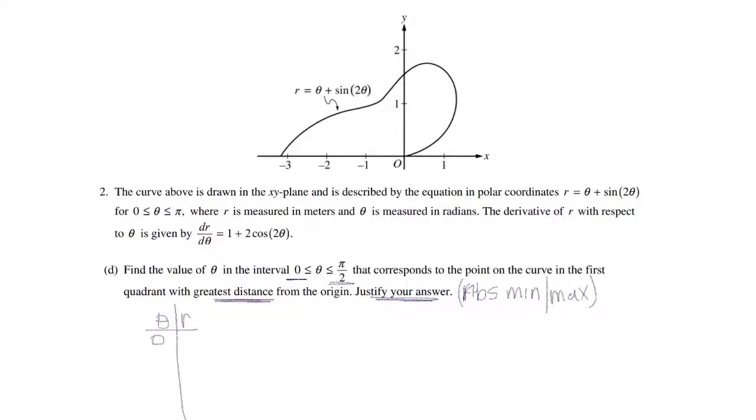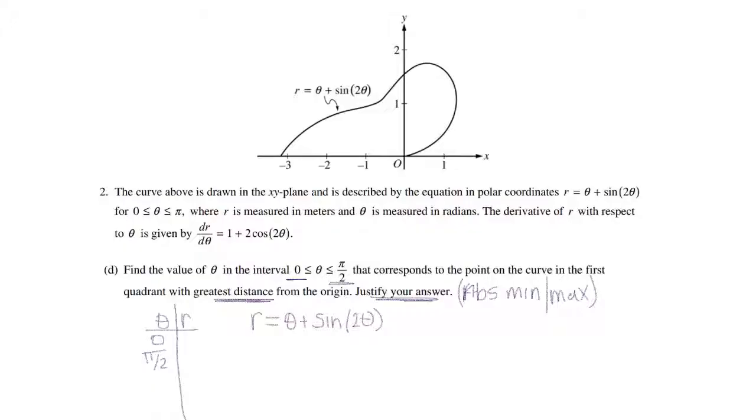So we need to think about what happens at 0 and what's going to happen to r at pi over 2. Well, what was r equal to in all this? That was theta plus sine 2 theta, wasn't it? Sine 2 theta.